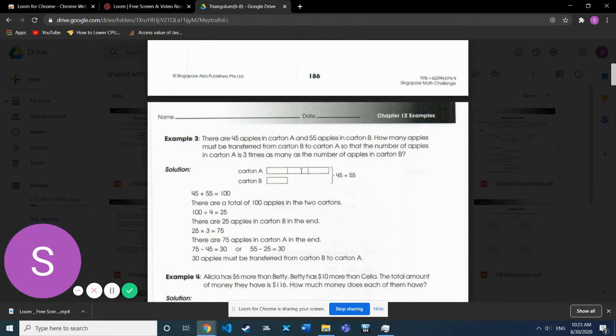Carton A has to have three of these rectangles, and B just has to have one. You figure out that 25 apples is one of these rectangles, so 4 times 25 is 100. So 30 apples must be transferred from carton B to carton A once you do the math.